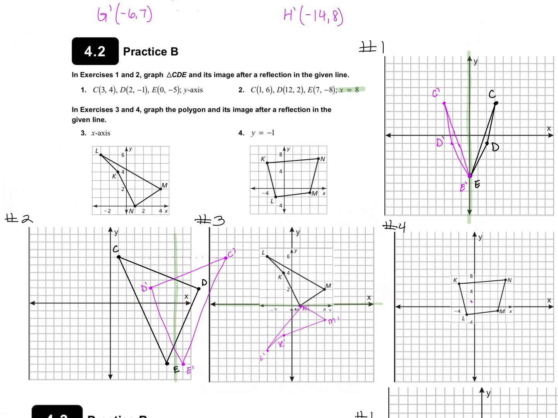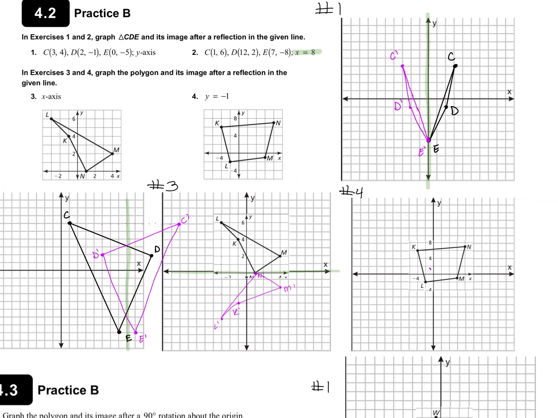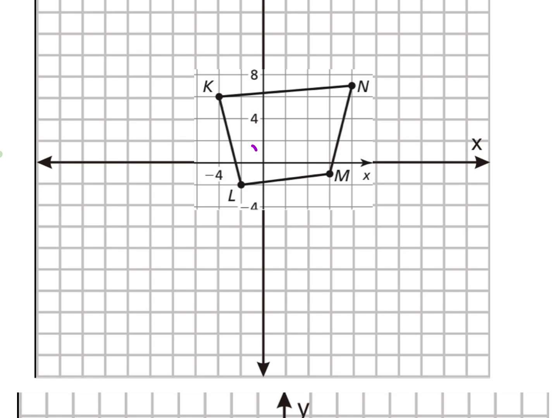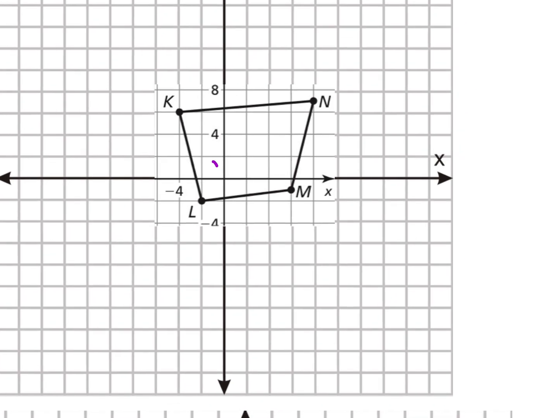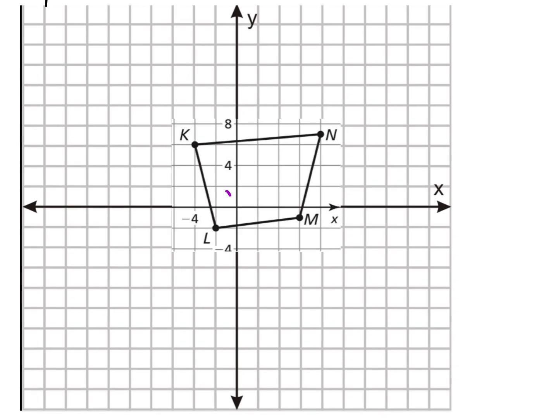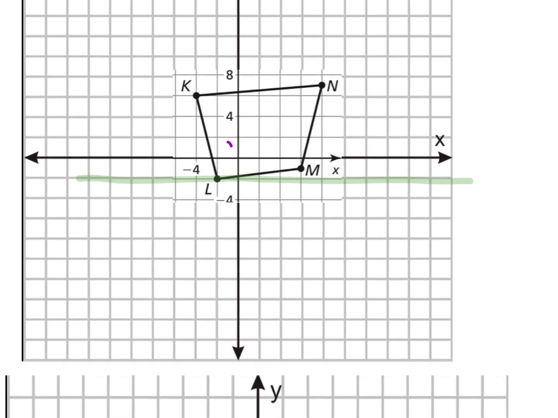And then number 4, it's where y equals -1. So I'm going to find where my y is -1, which is right here. And same thing as before, I'm just counting.